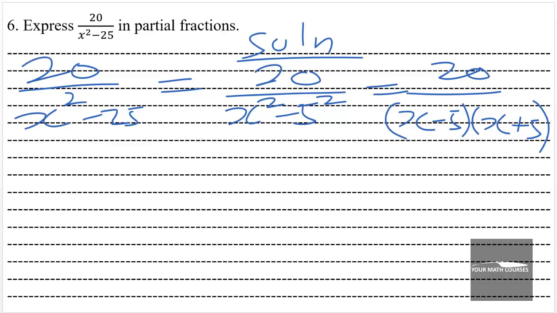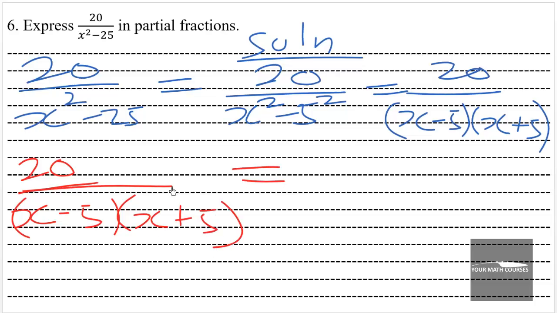So let's express this as 20 over x minus 5, x plus 5. We set up the partial fraction decomposition. That will be equal to, let's say, a over x minus 5 plus b over x plus 5, since they are all linear factors in the denominator.